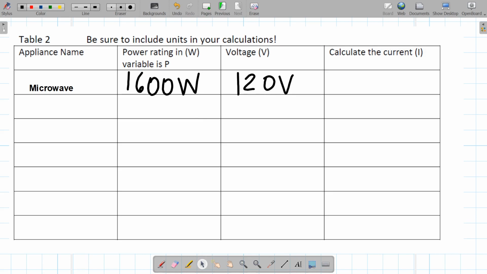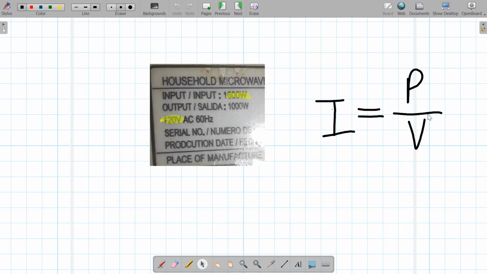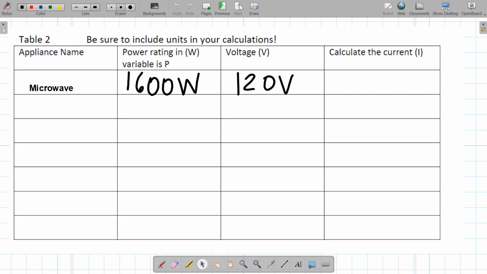So in order to calculate the current, you would just do 1600 divided by 120, and that gives you somewhere around 13.333 amps. So that is the unit for current, amps. So there's around 13.3 amps of current flowing through this microwave.